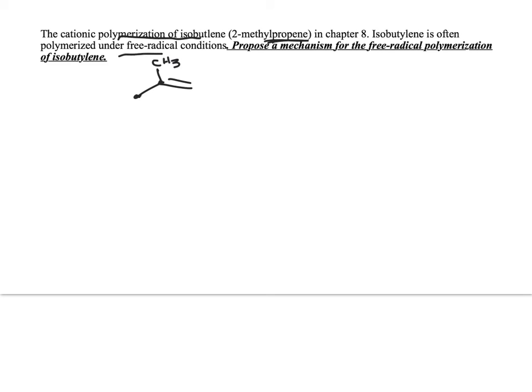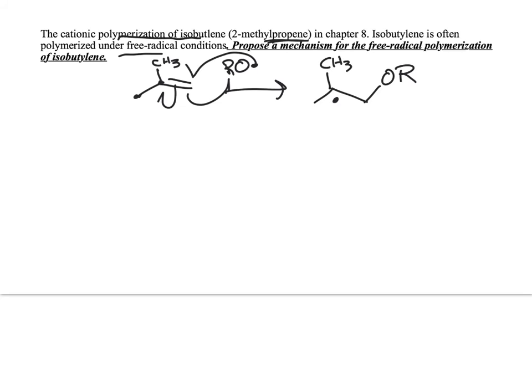It is often polymerized under free radical conditions. So you can just write a free radical such as that, and then you just show free radical. So you want your more stable tertiary radical, and this would generate the OR, and then it would react with itself.